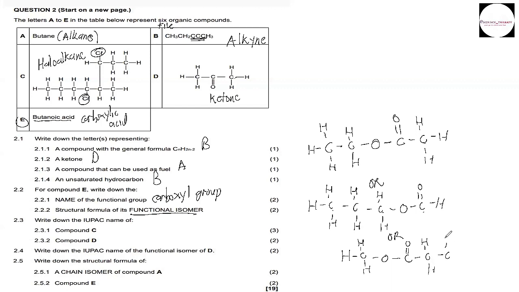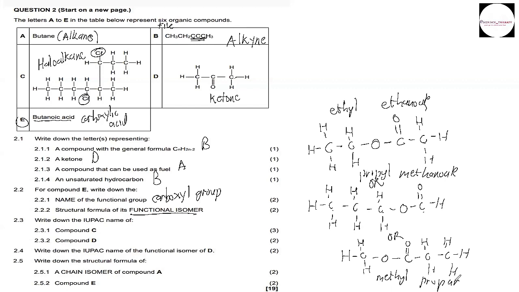This can also be another possible solution. So I have number 1, this is ethyl ethanoate. And then what I have here is propyl methanoate, or I can have methyl propanoate. So either one of these three can be possible solutions to that, right? So I hope the memo gives all three like that.